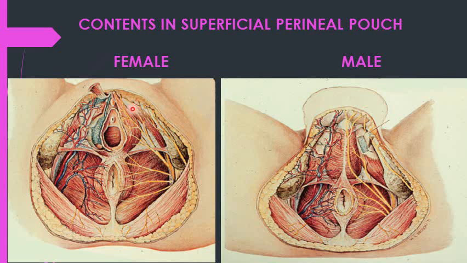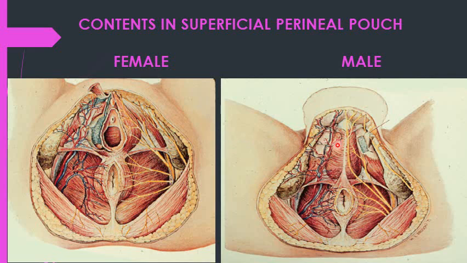Then there is the root of the clitoris, and covering its erectile body, which is the corpus cavernosum, there is this ischiocavernosus muscle. Now there is this transversely running muscle, which is the superficial transverse perineal muscle.